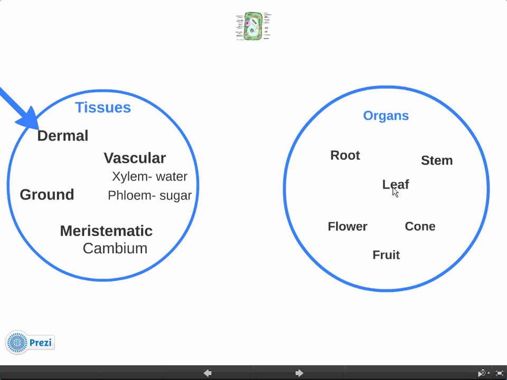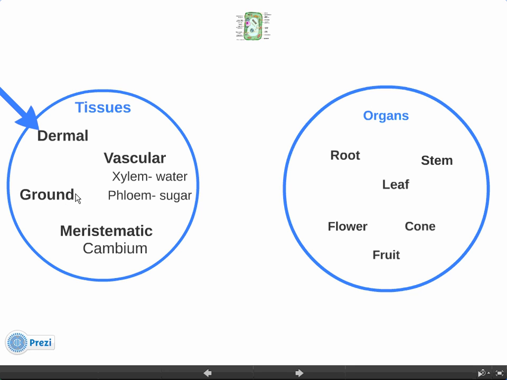In the leaf, you're going to find mostly dermal tissue, being the outer covering, ground tissue, being the photosynthesis, and also vascular tissue, because the water has to get into the leaf and the sugar has to leave the leaf.